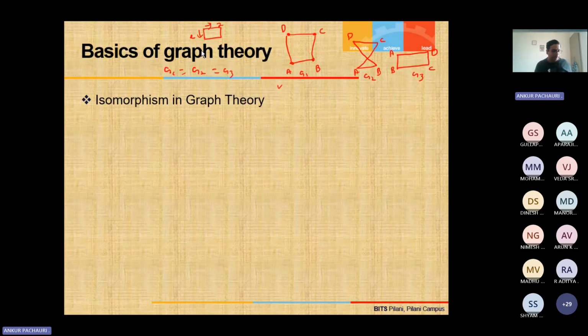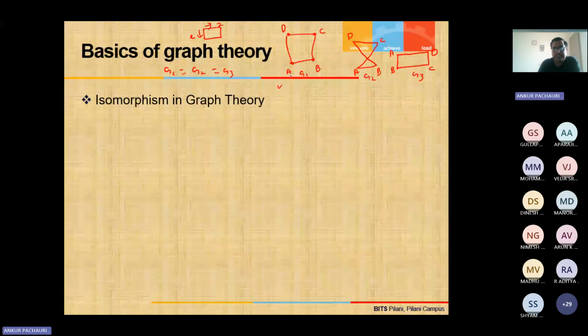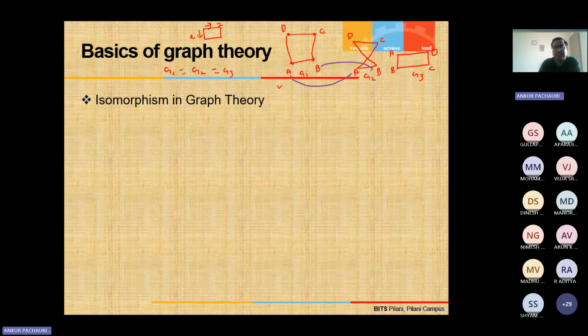So for that, I need to come up with a mapping that this A is equivalent to this one, this node is equivalent to this one, this edge is equivalent to this edge, and so on.